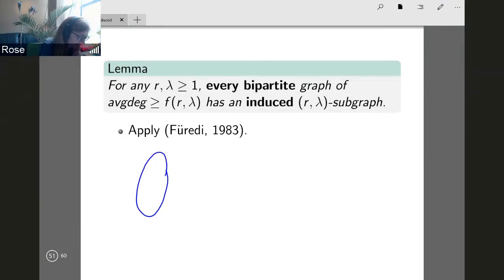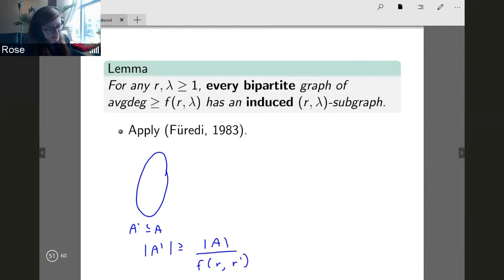So this theorem of Fioretti says that we can find a subset of A, which is still really large in comparison to A. Really large means it's at least a constant fraction of the size of A, where that constant is going to depend on R, the side that A is R-regular, and some other R prime, which is going to show up later.